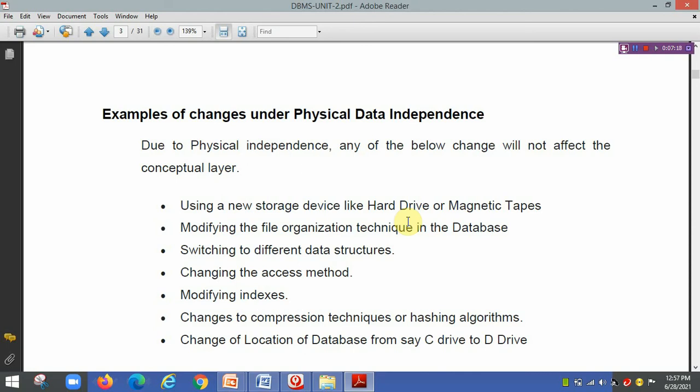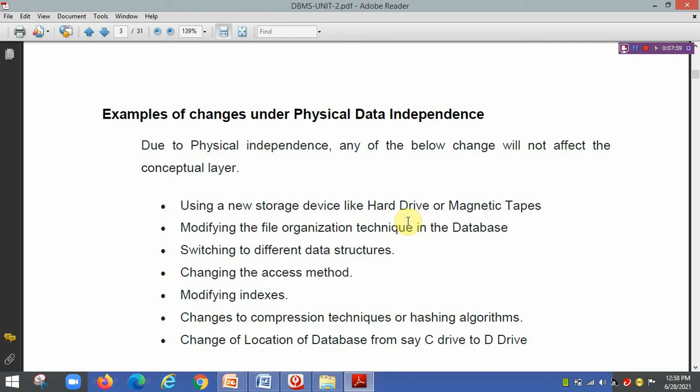Using a new storage device like hard drive or magnetic tape, modifying the file organization technique in the database, switching to different data structures, changing the access method, modifying the index, changes to compression technique or hashing algorithm, change of location of database from C drive to D drive. These changes are done but will not affect the conceptual layer or logical layer.